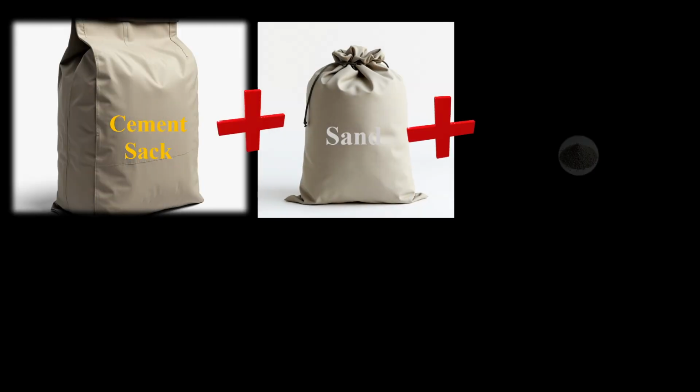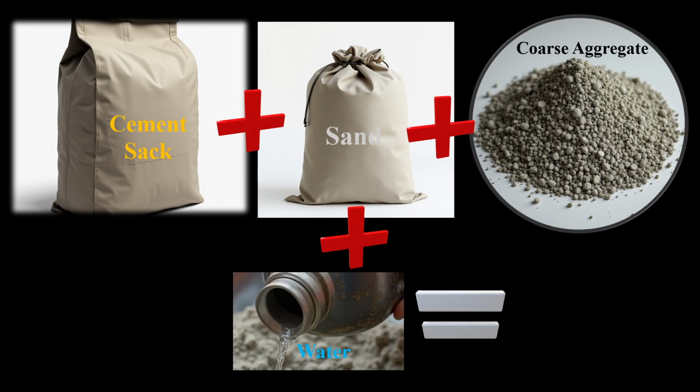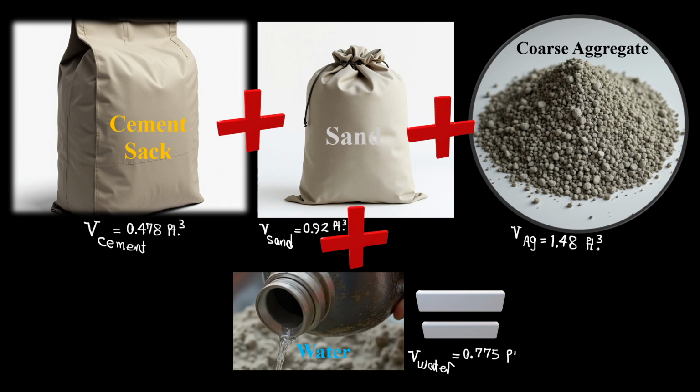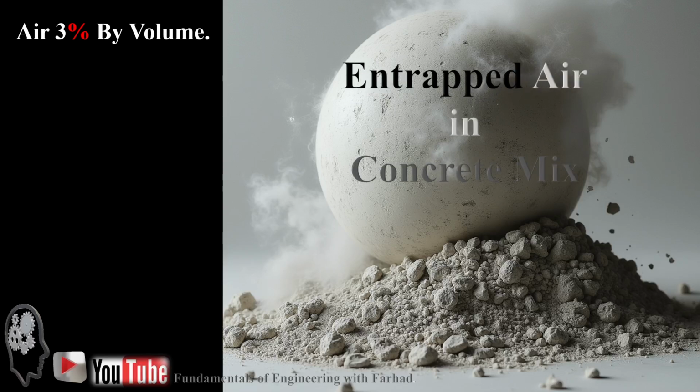And now we have all of our materials, and if we add them up in terms of their volume, we can get the total volume. We calculated each of the volumes separately and then added them up to get the total volume of 3.65 cubic feet.